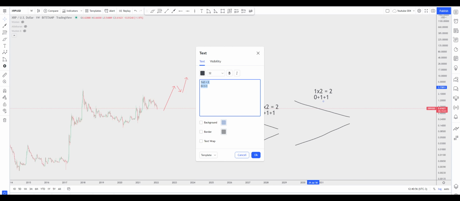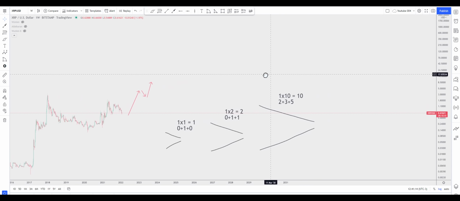So 1 plus x, 10, that's 10. 2 plus 3 plus 4. Yes? No, 5, sorry.